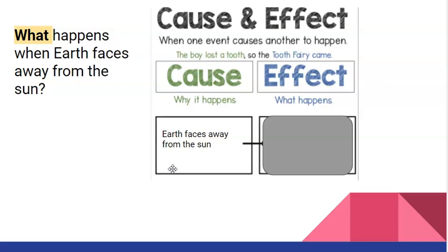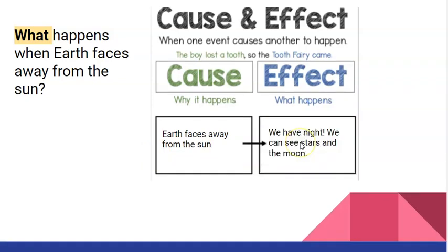Going back to my book, I remember in chapter 3, they talk about how when Earth faces away from the sun, we have less light, it gets a little bit colder, and it actually turns into nighttime. We can see stars and the moon, and we have night.